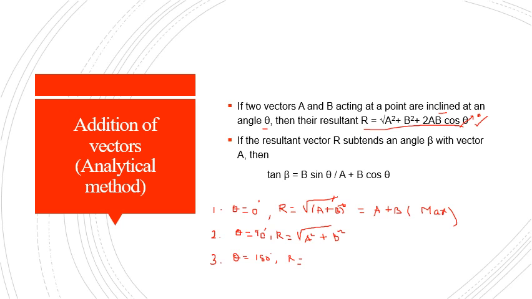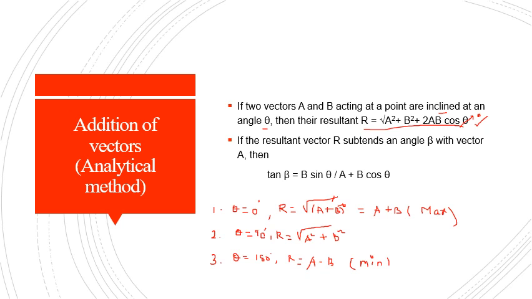Cos 180, if you substitute, the resultant will be A minus B. Am I clear? So A minus B. This is the condition where you will get a minimum magnitude. Okay, hope you understood this.